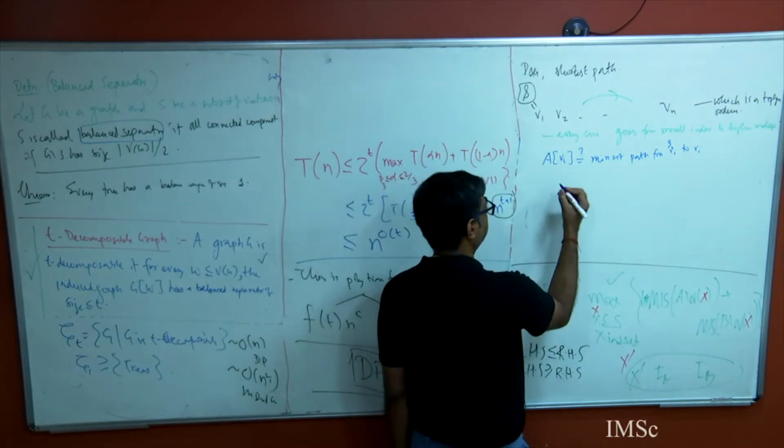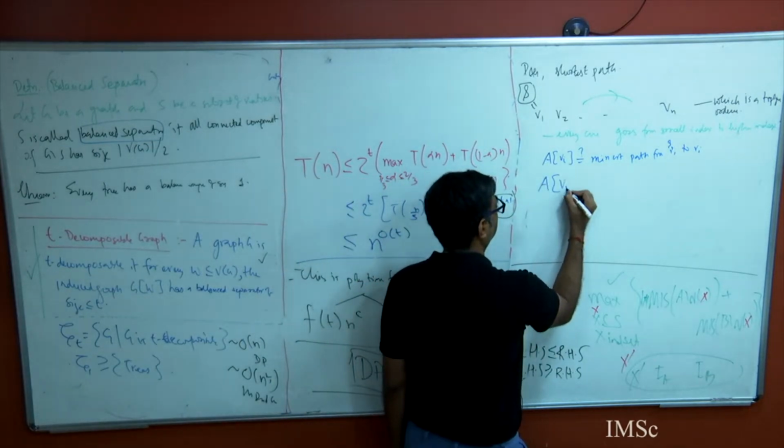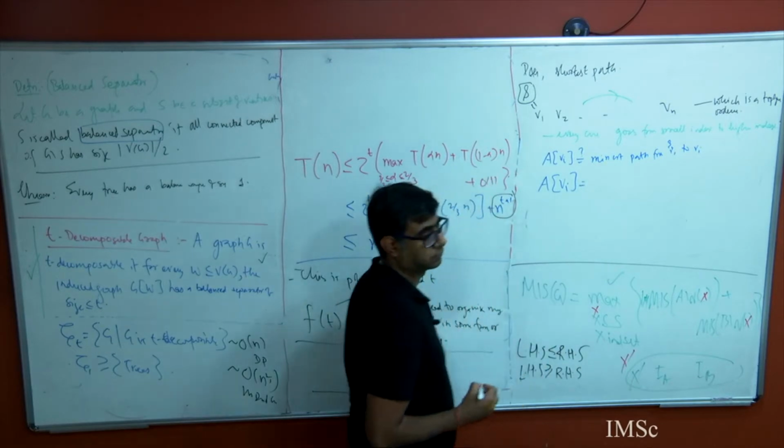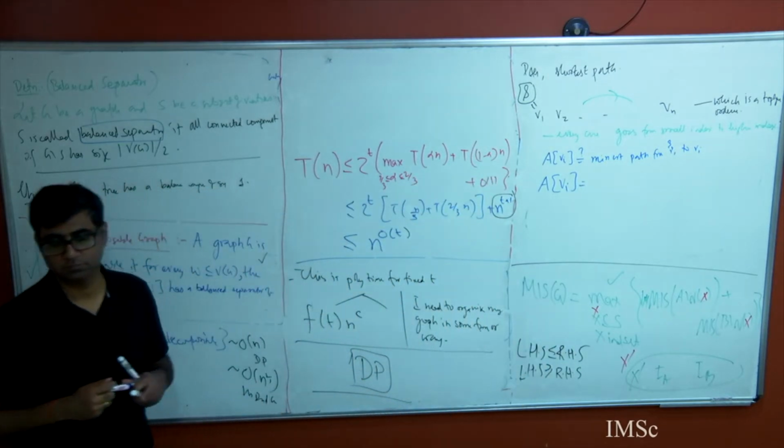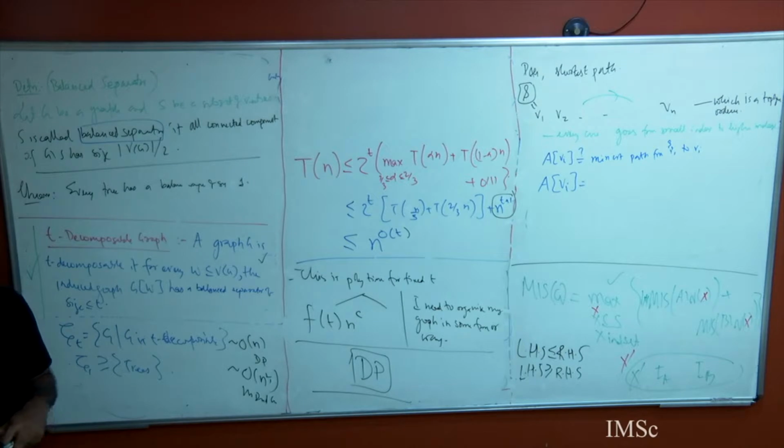So yeah, what is the recurrence? Whether Vi is there or Vi is not there. In the case where Vi can Vi not be there? Vi has to be there for me.